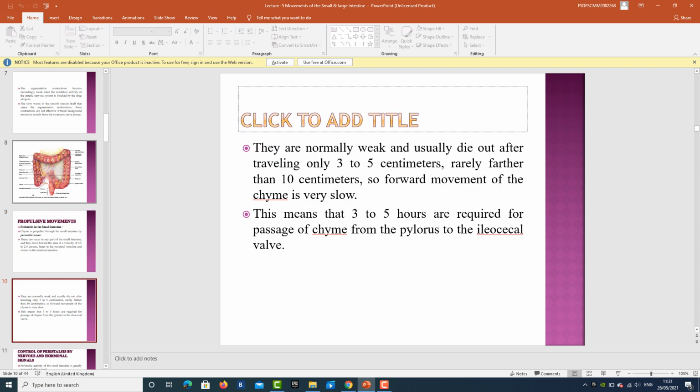They are normally weak and usually die out after traveling only 3 to 5 centimeters, rarely farther than 10 centimeters, so forward movement of the chyme is very slow. This means that 3 to 5 hours are required for passage of chyme from the pylorus to the ileocecal valve.